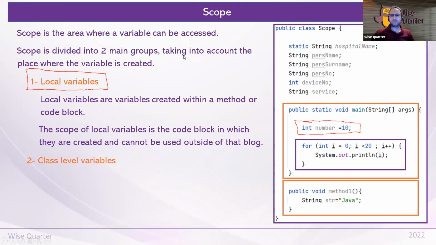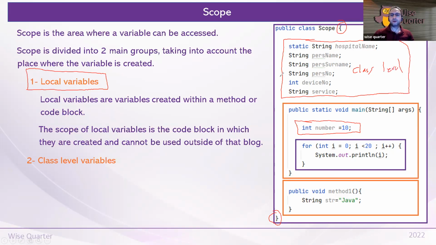Class level variables: when you create any variable inside of the class limits, but outside of any code block like methods or loops, it will be a class level variable.